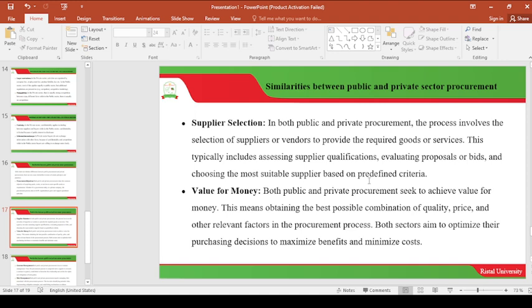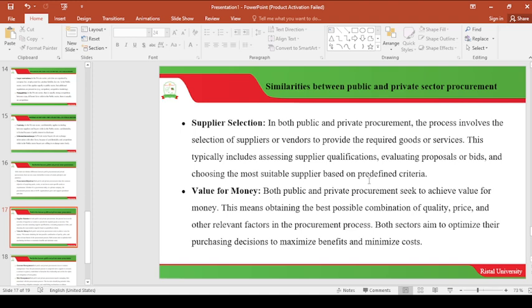They have different procurement processes, but both still need to select the right supplier for the goods in question in the public and the private sector.